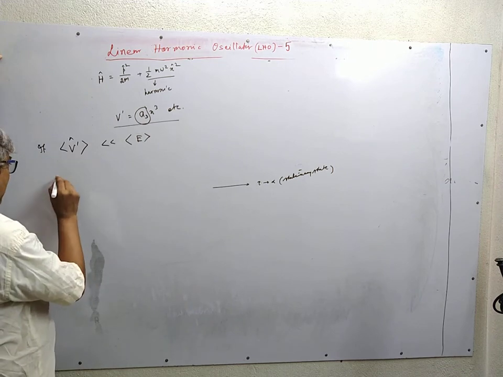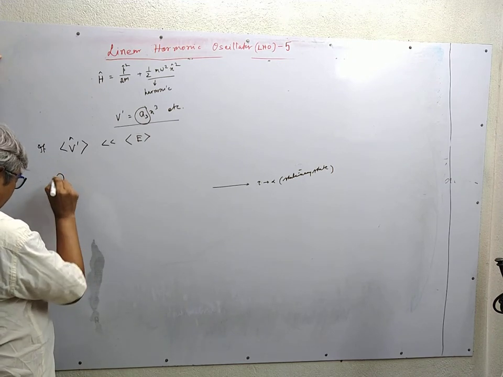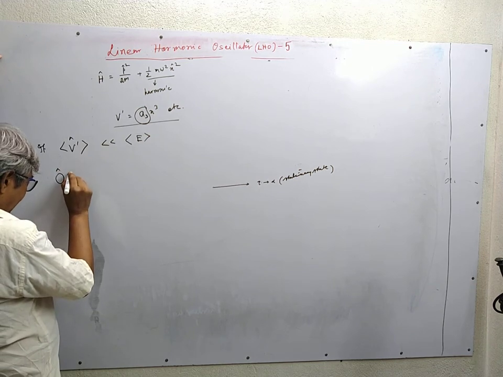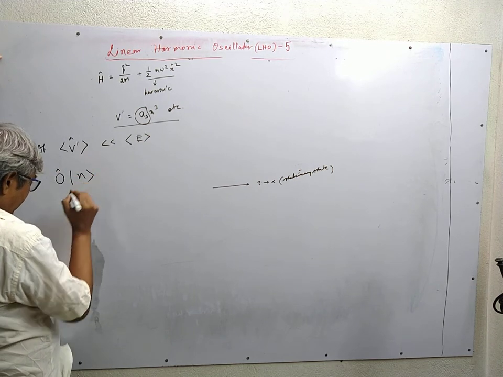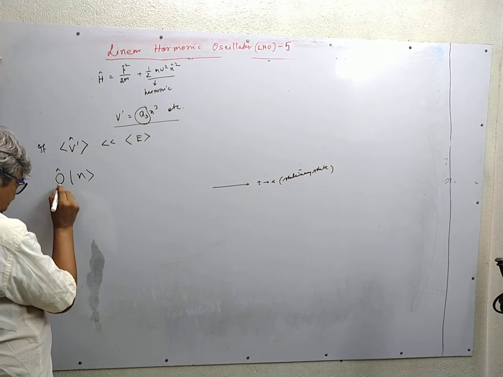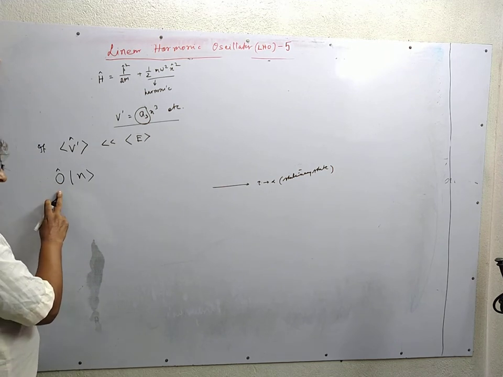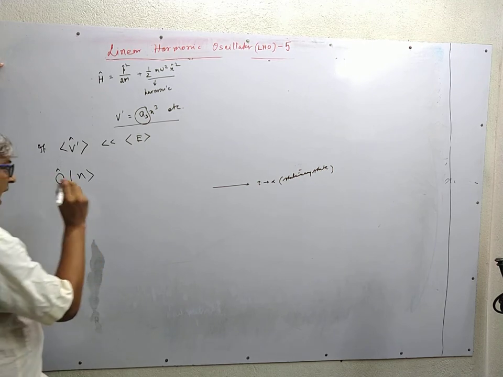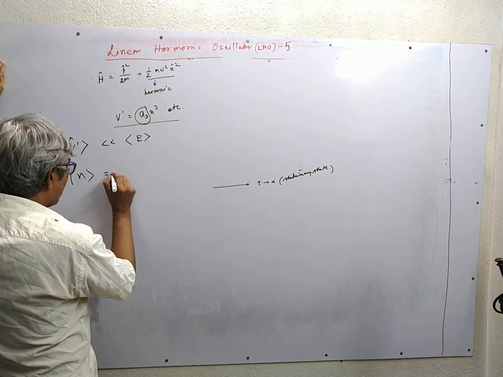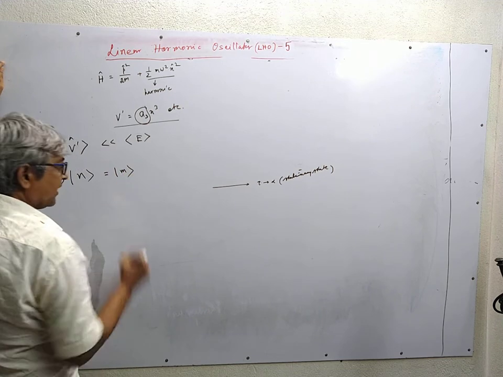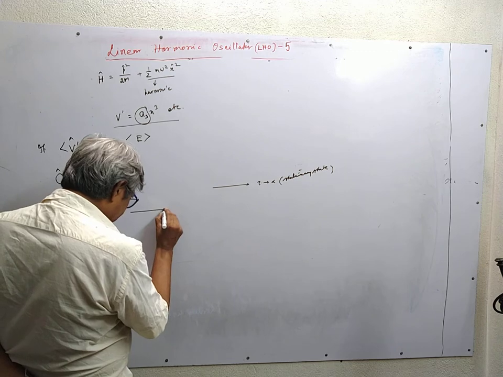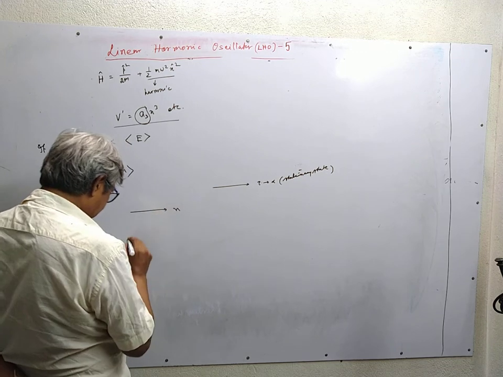Let us consider an interaction like O, which when acts on a state n, if the expectation value of this operator is small enough, then still the system is a harmonic one, and the system may make a transition to another state m. The situation is that the system is originally in a state n.